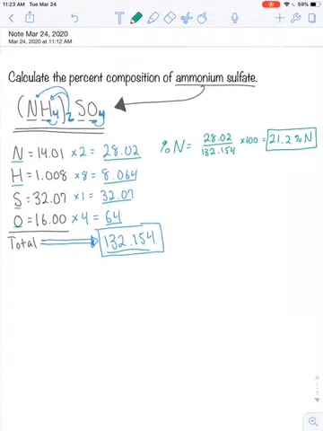So we'll go on to hydrogen next. If we want to figure out our percentage of hydrogen, we're going to do 8.064 divided by that same total amount. 8.064 divided by 132.154 times 100.